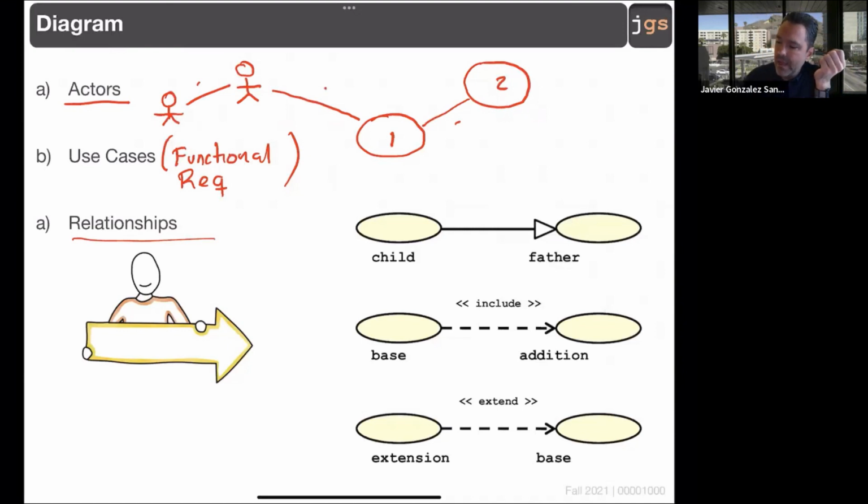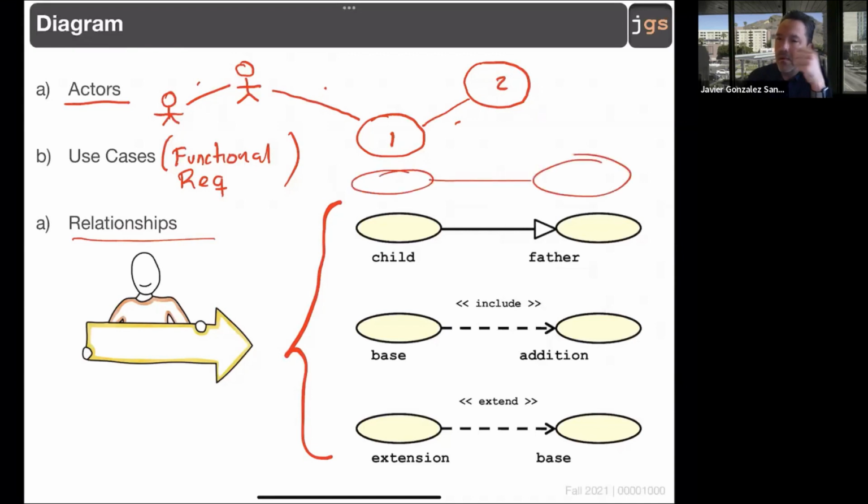I only have four options. The two most important, the ones that we need to review, the new ones, are the last ones: extension and inclusion. Those are new.